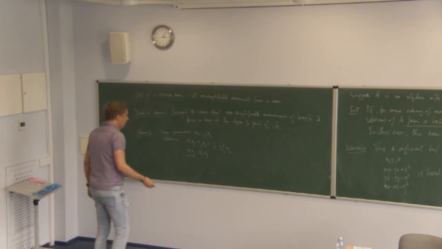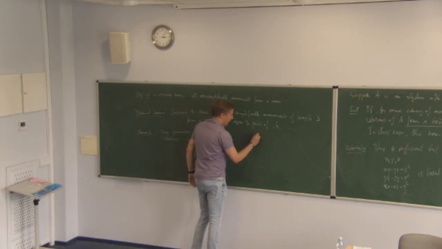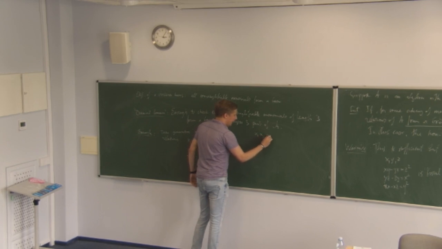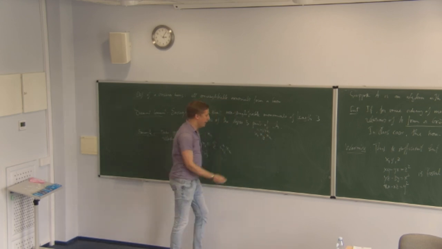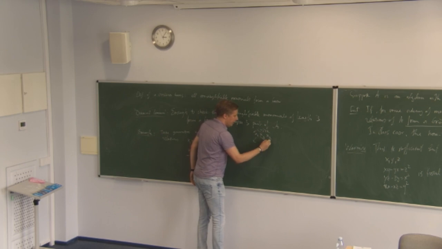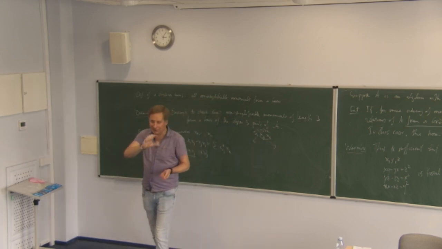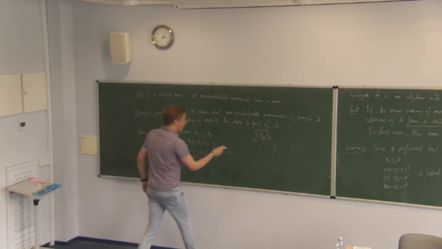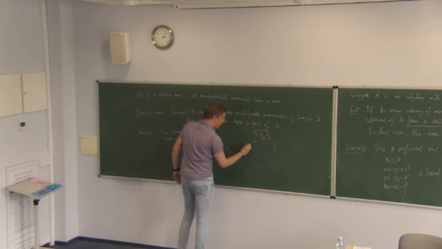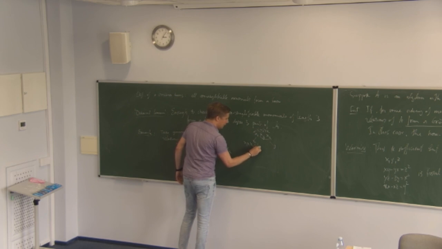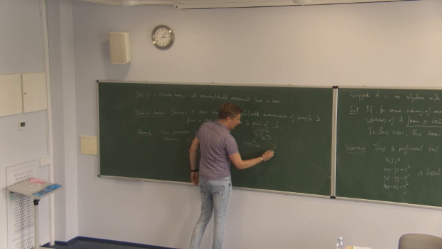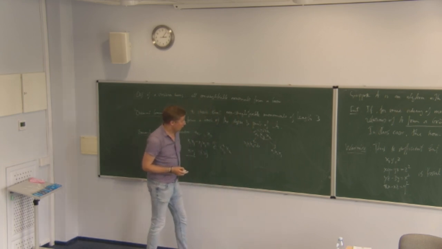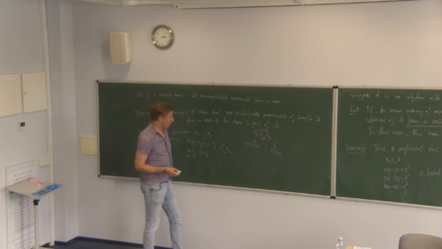We need to take xi xj xk, where i is bigger than j, bigger than k. Then we can rewrite it in two different ways: as xj xi xk plus lower terms, or xi xk xj plus lower terms.